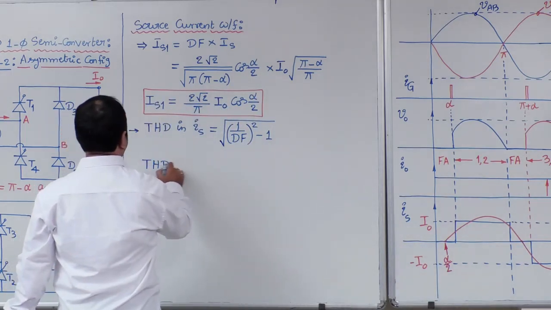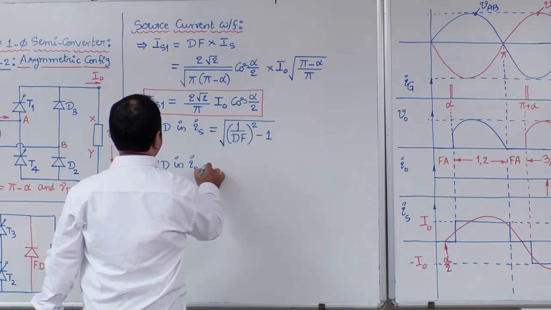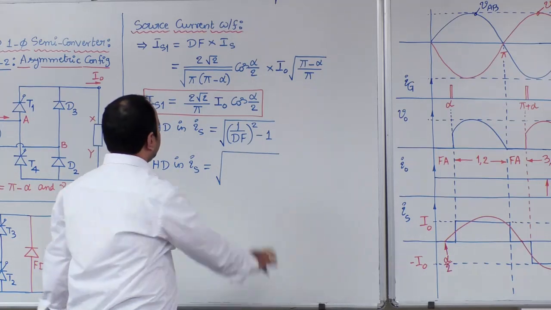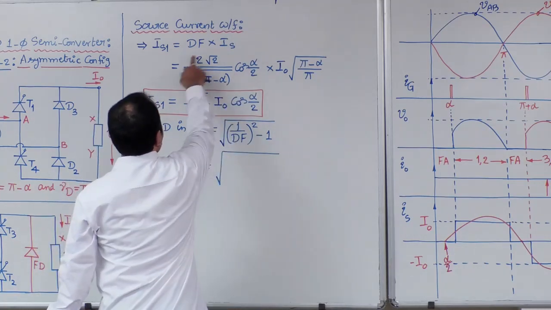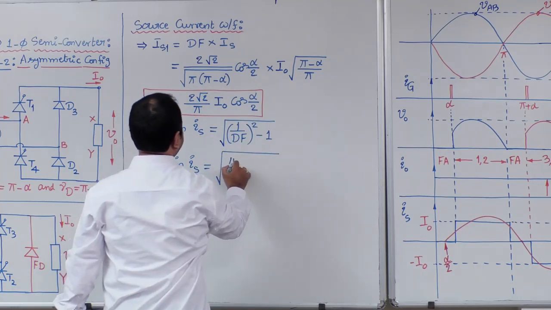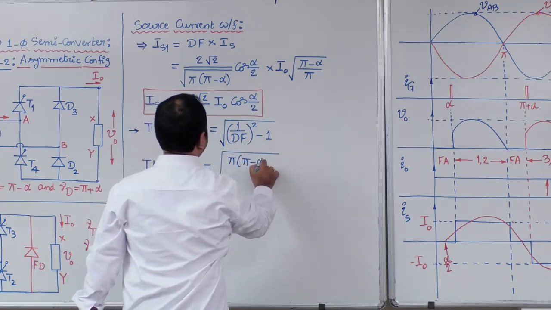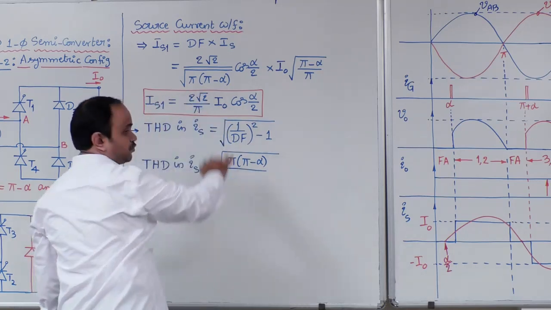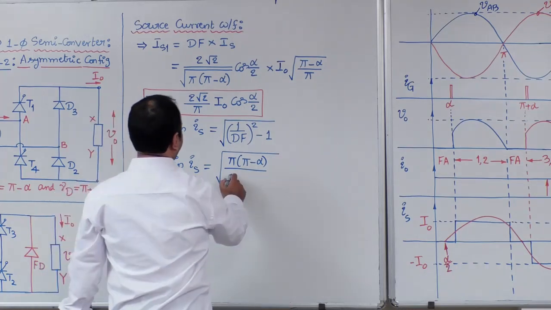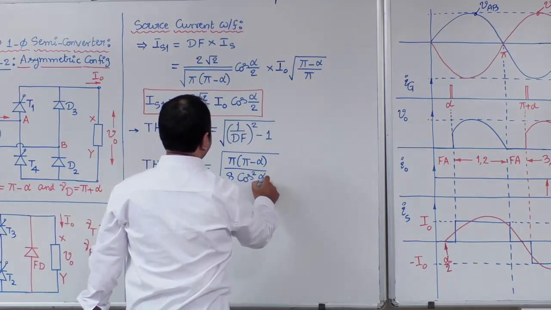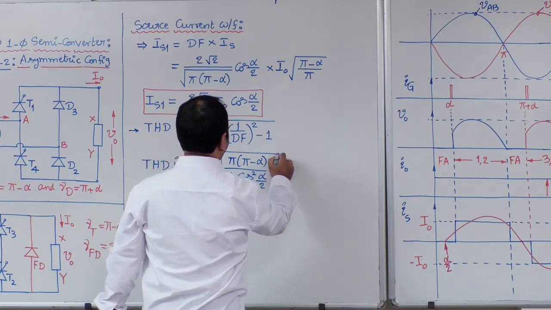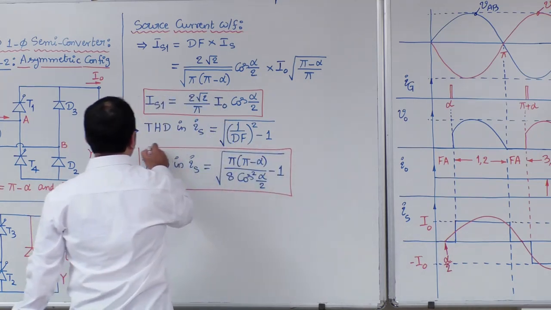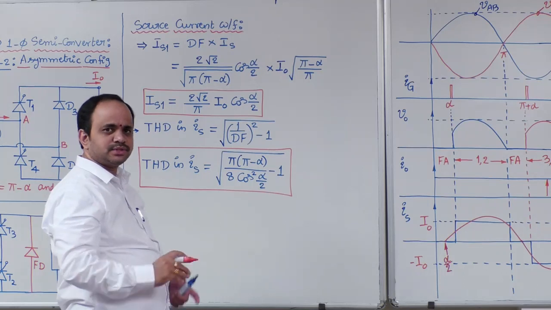Therefore, THD in source current is equal to square root of (1 by DF) whole square minus 1. Now, I have DF here. Therefore, we will get pi into (pi minus alpha) divided by, so I just squared it, okay, 8 into cos square alpha by 2, minus 1. This is the expression for total harmonic distortion in source current.